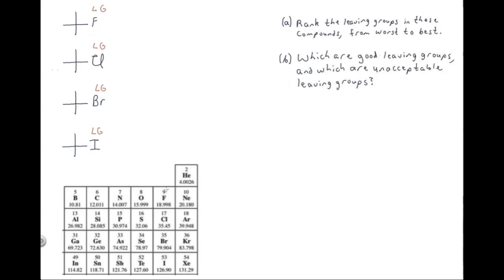Well, we can find fluorine, chlorine, bromine, and iodide all in the same column of the periodic table. So the question is, as we move down a column of the periodic table, what happens to leaving group ability? Well, it turns out that as you move down a column in the periodic table, leaving group ability improves.